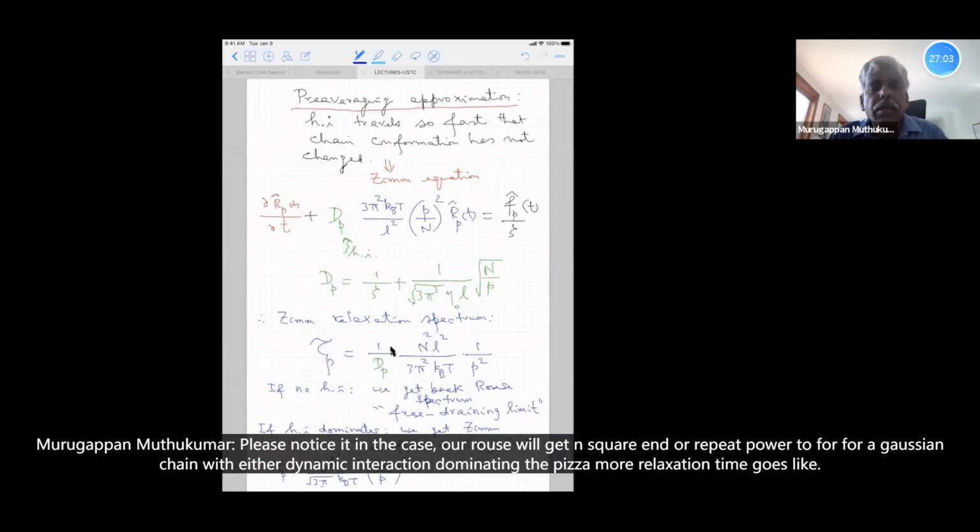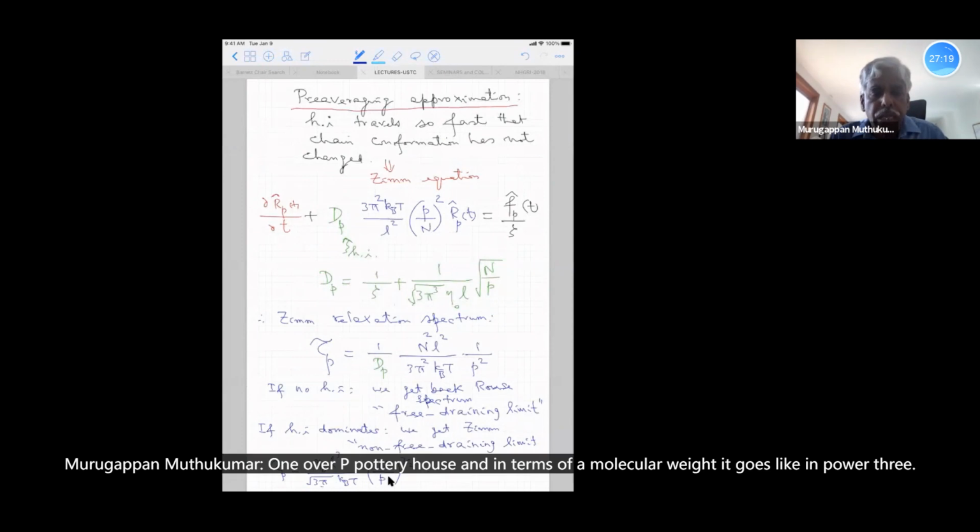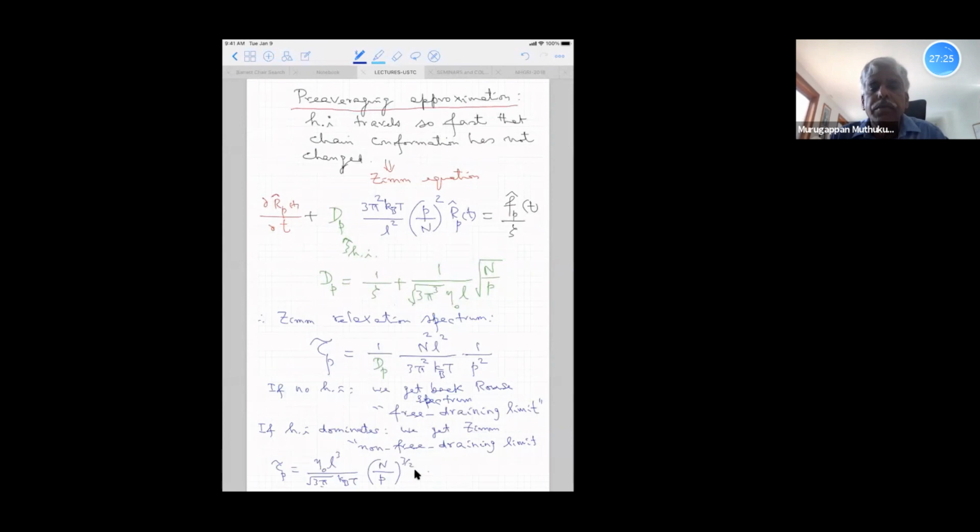In the case of Rouse, you will get N square, N divided by p power 2. But for a Gaussian chain with hydrodynamic interaction dominating, the pth mode relaxation time goes like 1 over p power 3 halves. And in terms of molecular weight, it goes like N power 3 halves.